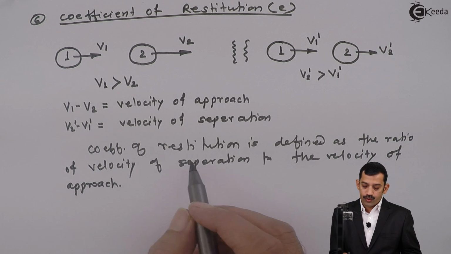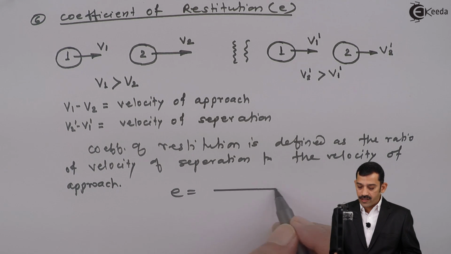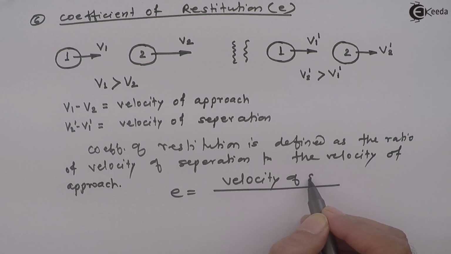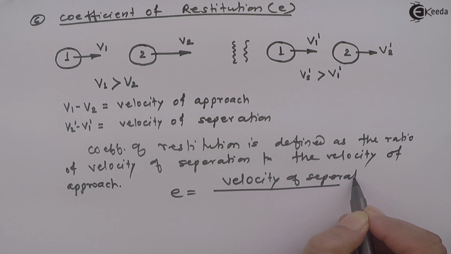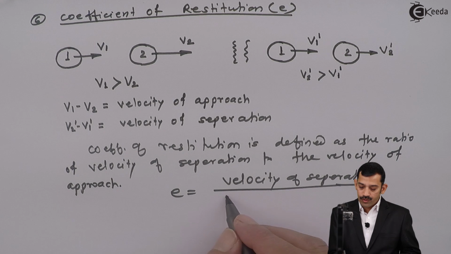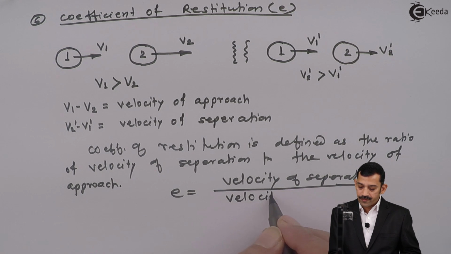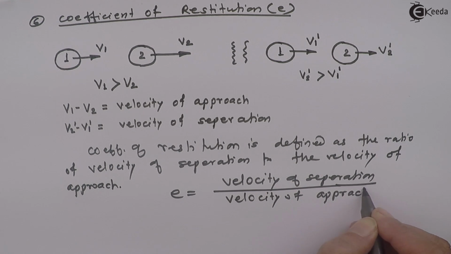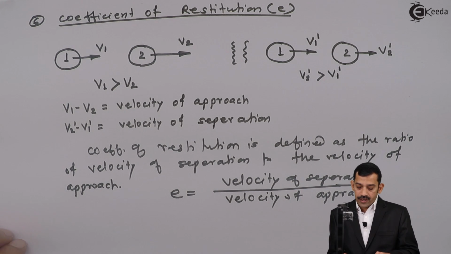That means if we write the coefficient of restitution as E equal to, what will we get here? Velocity of separation to the velocity of approach. Let's continue on the next page.